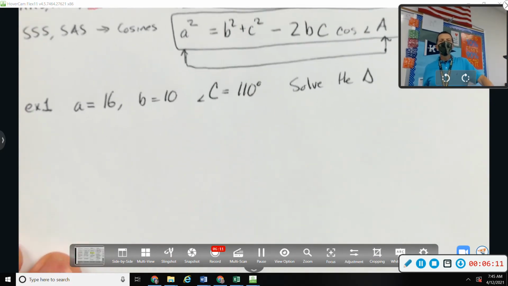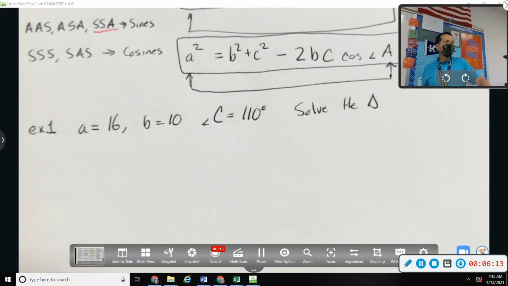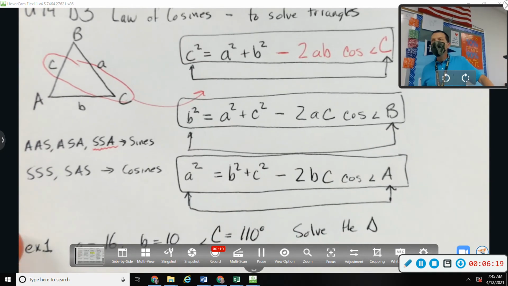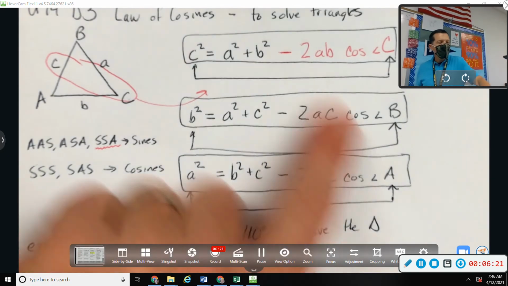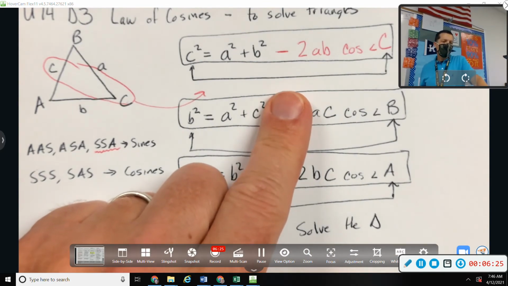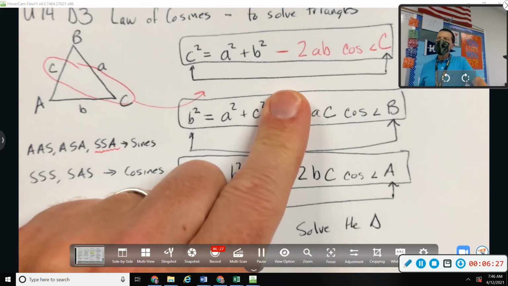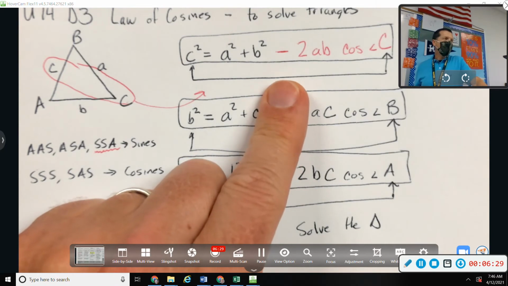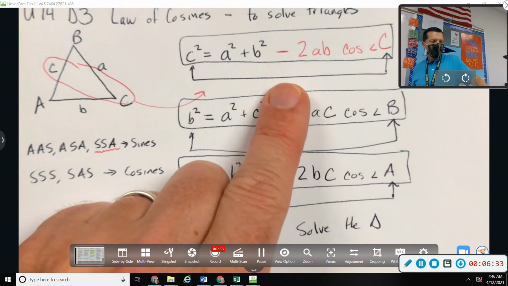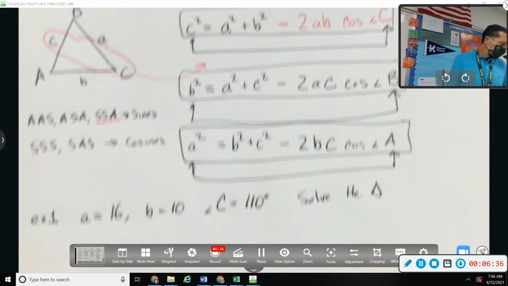Oh, I guess the good news is there's no ambiguous case for law of cosines, so there's nothing weird, other than the algebra is harder. So probably what gets most of the people on this test is the algebra associated with these equations, moving things around, because there's a lot more going on than in law of sines. It's not the pre-cal, plus it's open note, so you'll have the equation. It's really the algebra of moving things around.